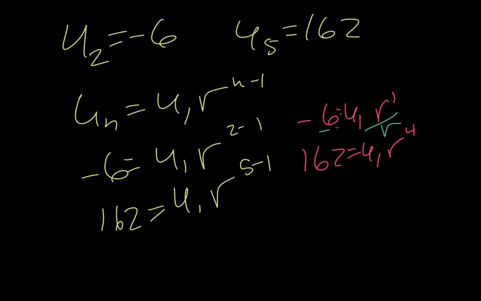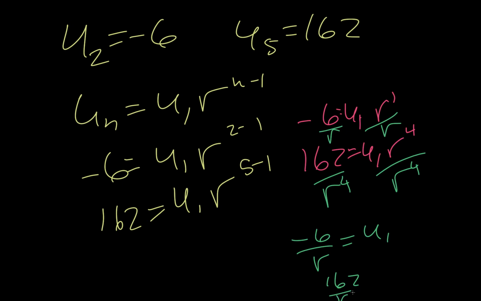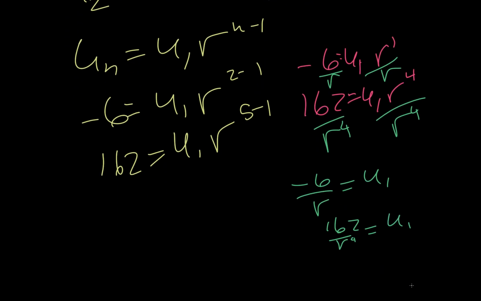So this one just divide by r, this one divide by r to the 4th. So we get negative 6 over r equals u_1, and we get 162 over r to the 4th equals u_1. Since both of these equal the same thing, that means they equal each other. So we can say negative 6 over r equals 162 over r to the 4th.